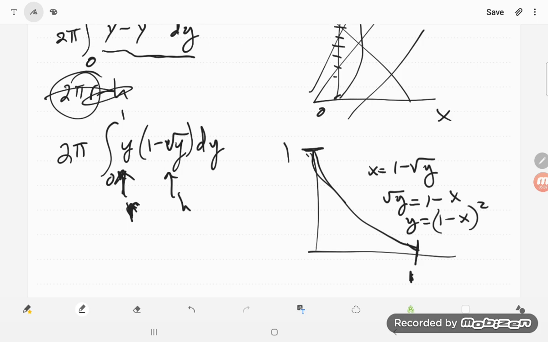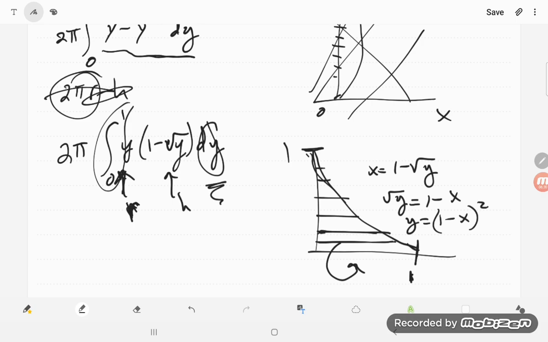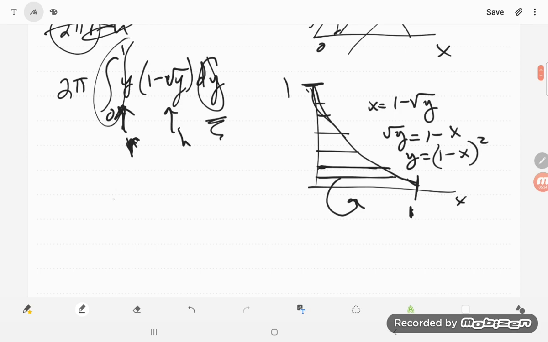If I was marching up the y-axis with each shell, see, I was making shells like this because I'm marching up the y-axis. That tells me that dy, from 0 to 1. And so if these are how I'm making the shells, then I must be rotating around the x-axis.